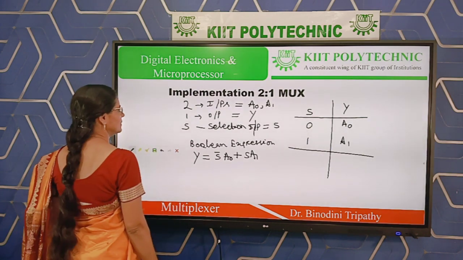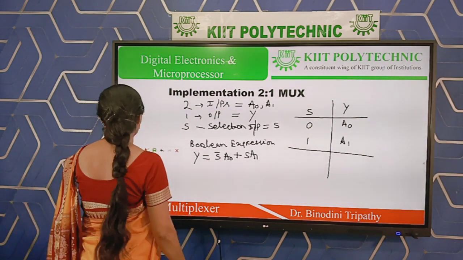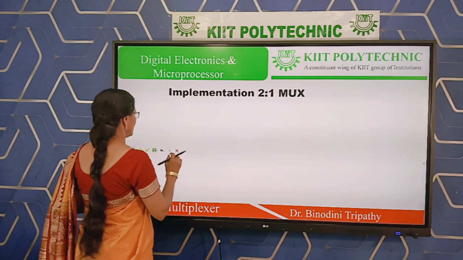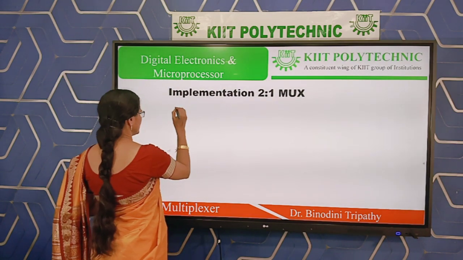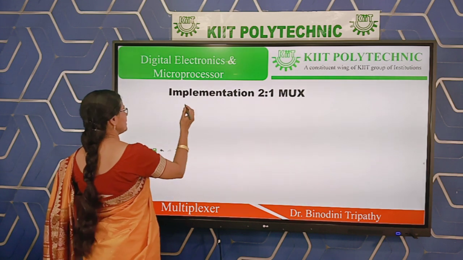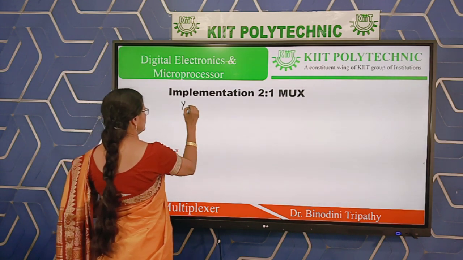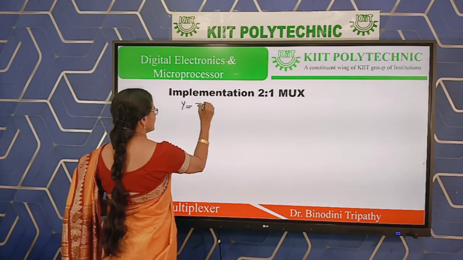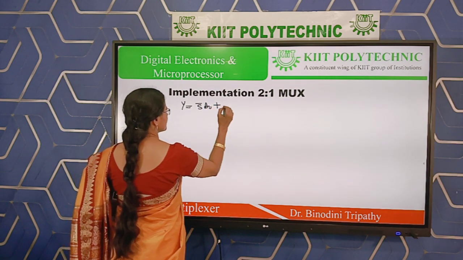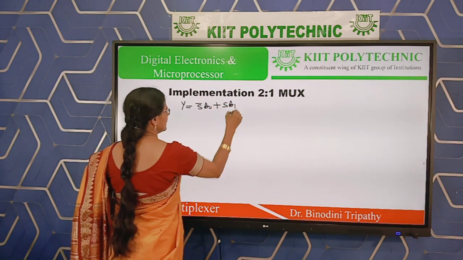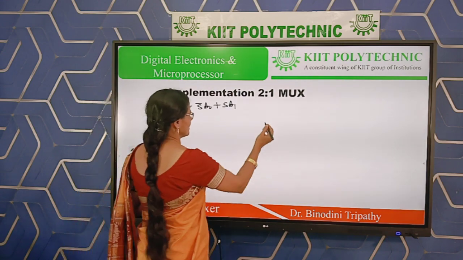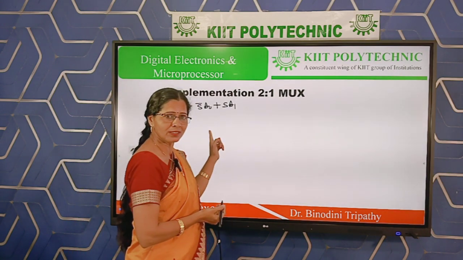Now we shift to the implementation. The equation was Y is equal to S bar A0 plus S A1. Is it required to remember the circuit?